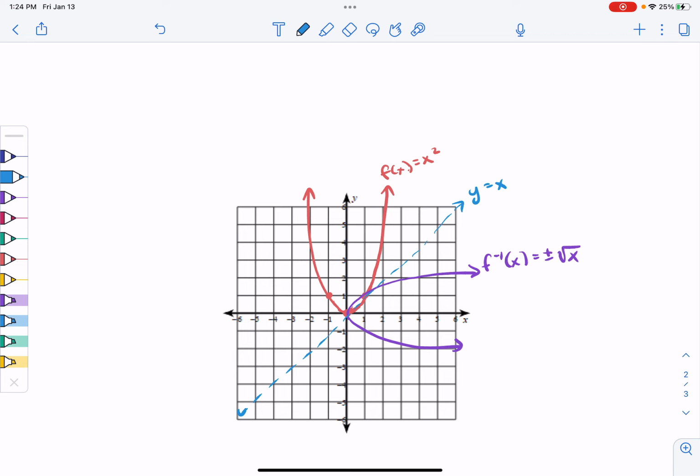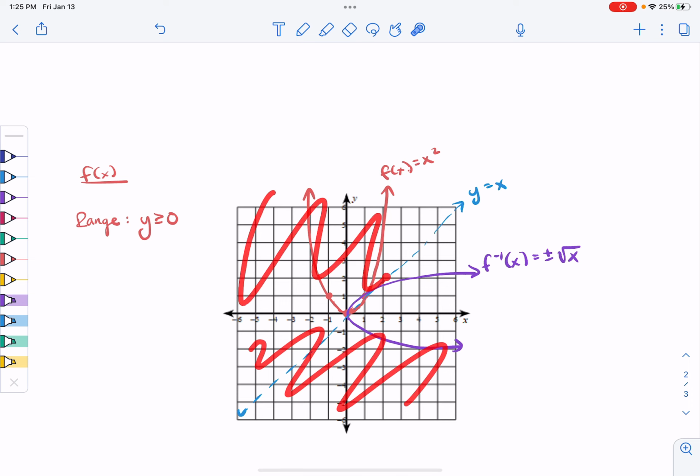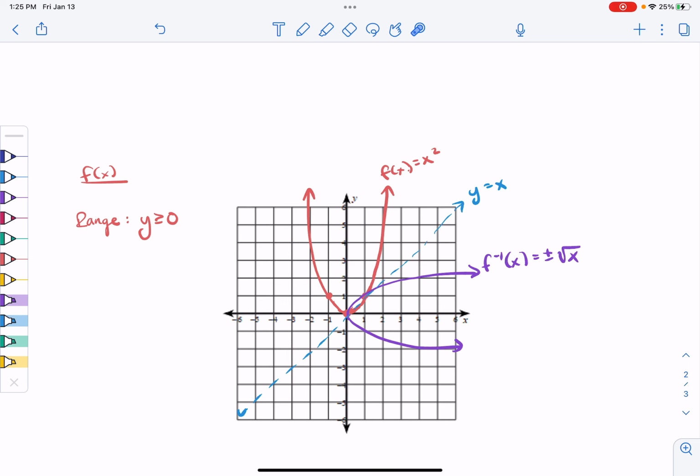But notice that the range of f, the range of this function, is 0 to infinity. So f of x has a range with y being greater than or equal to 0, right? We don't ever go down here, we're always up here with y or with f of x.